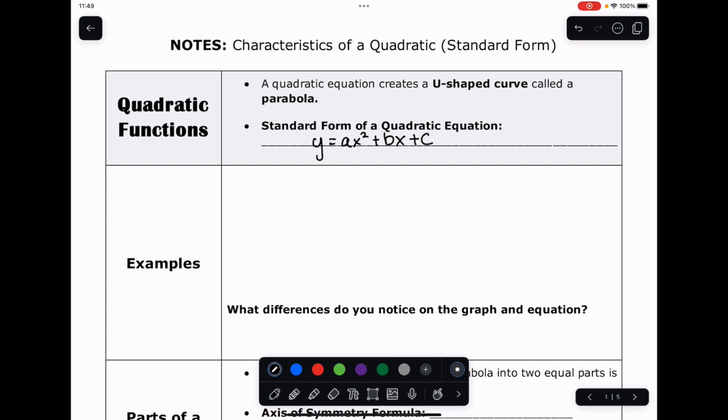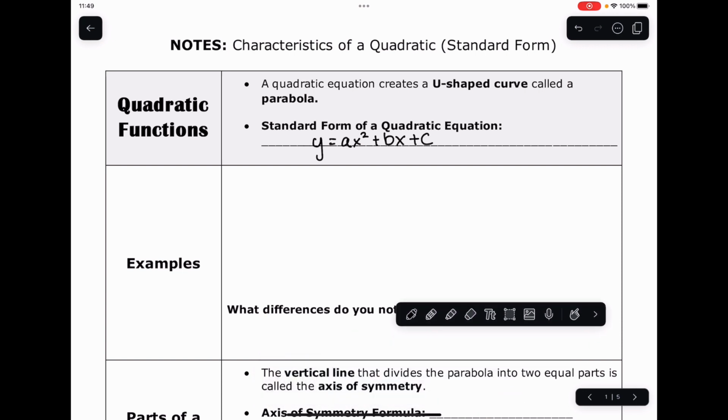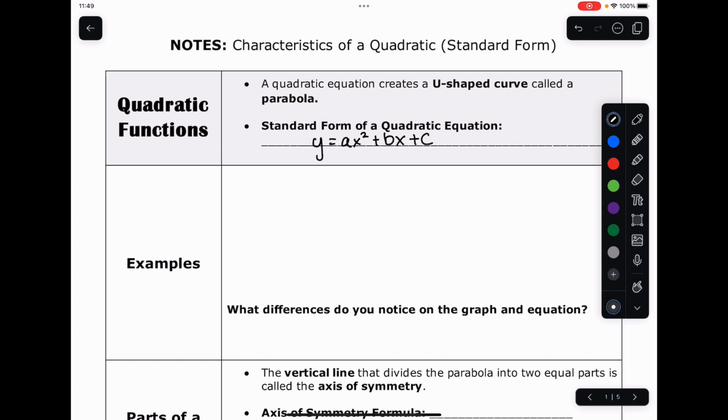Our parabola can open upwards, like this, if our equation is y equals a positive x to the second power.